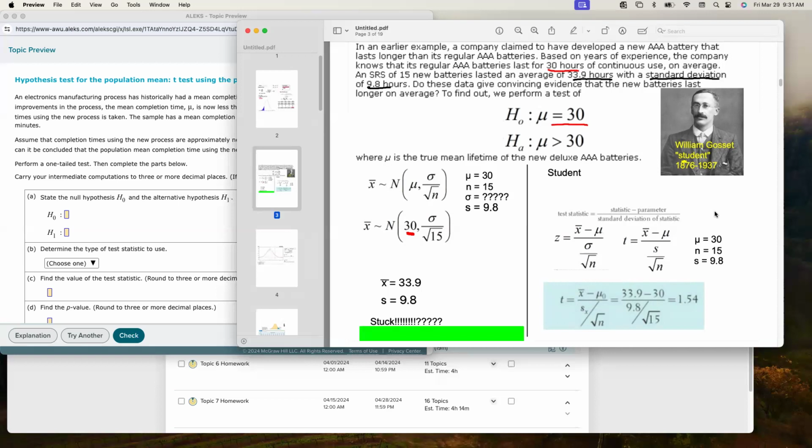He was a kind of closet statistician, so to speak. He published works with statistics, and this was one of his works, the t distribution and the t statistic, but he did it under the pen name of Student. The reason he did that was he didn't want a conflict of interest being an employee of Guinness. He wanted to remain anonymous there. So he went ahead and did that.